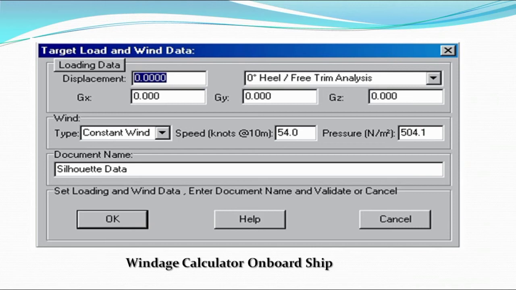This is not really practice, but in the event that you are going to have an interview, or at least that you will have the idea of the factors to consider when calculating windage area, that would be enough already, right?